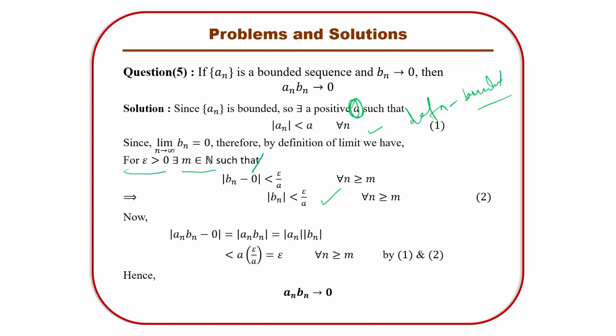Now use equation 1 and equation 2 at the same time. Here an bn is the sequence which I have to prove converges to 0.